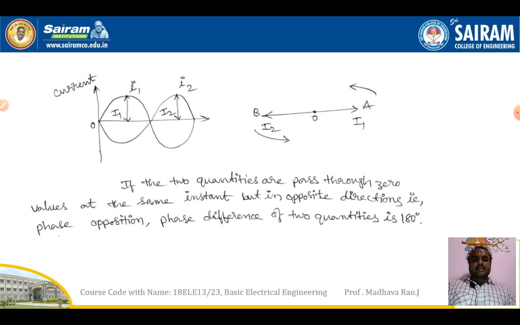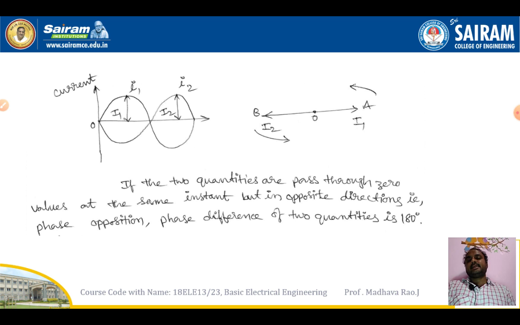Coming to the last case, if the two quantities pass through zero values at the same instant but in opposite directions, they are in opposite phase to each other. The phase angle between these two quantities is 180 degrees.